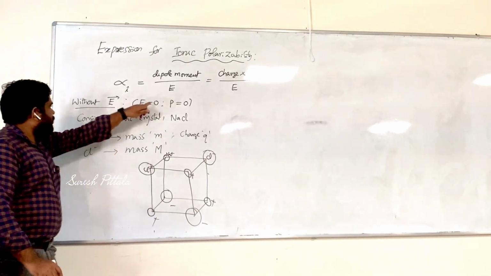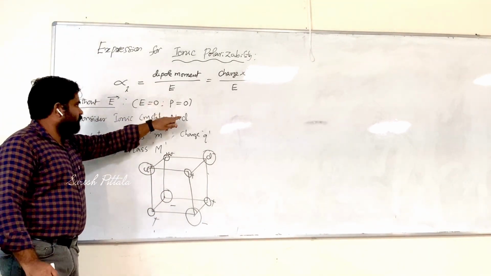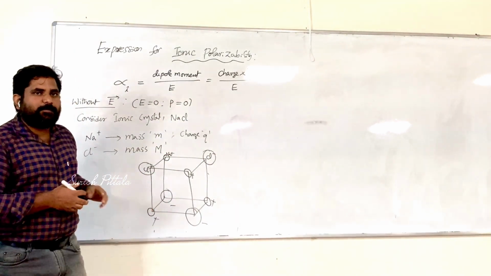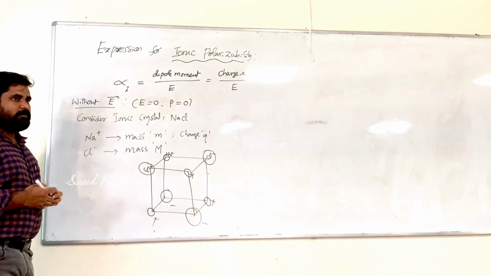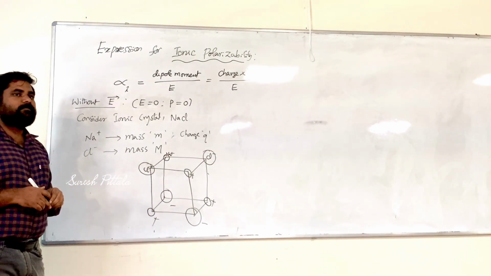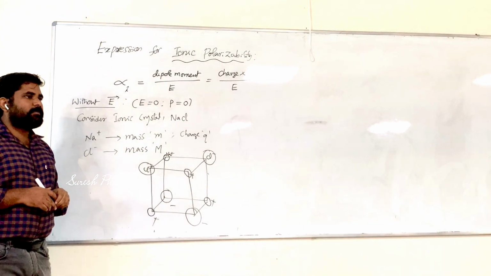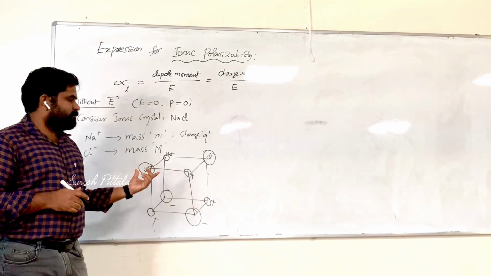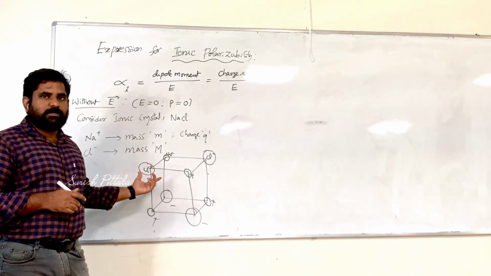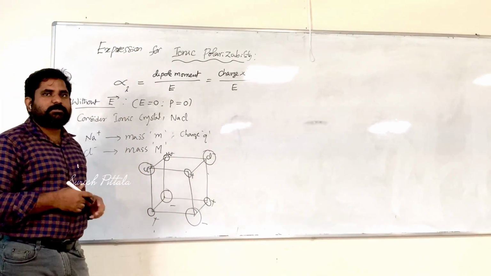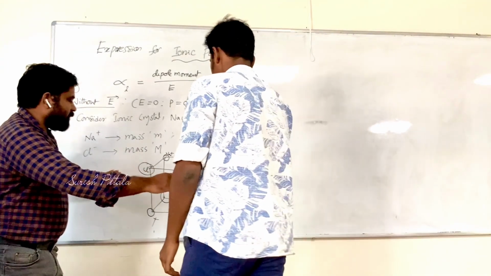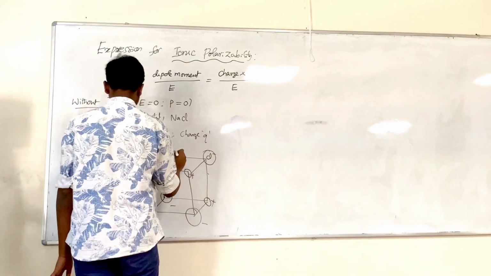In the absence of an external electric field, your polarization becomes zero. Why does the polarization become zero?